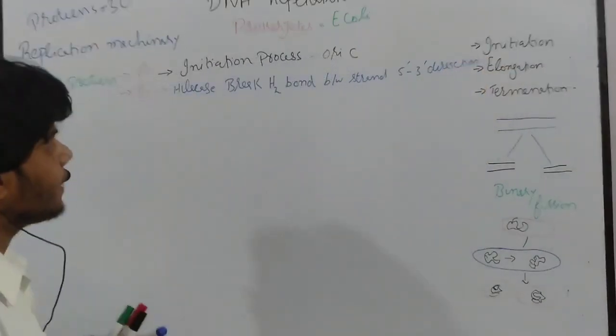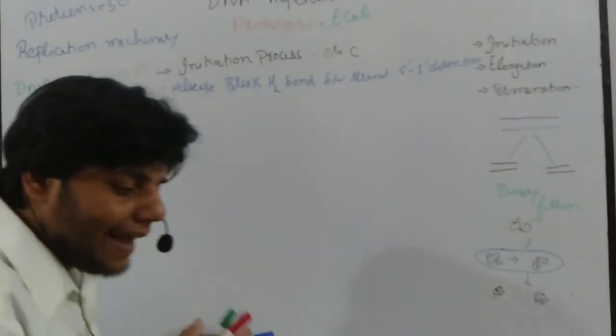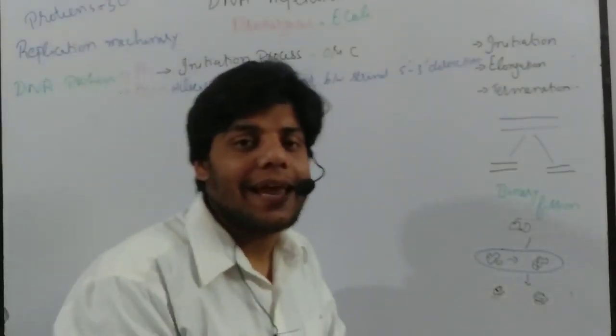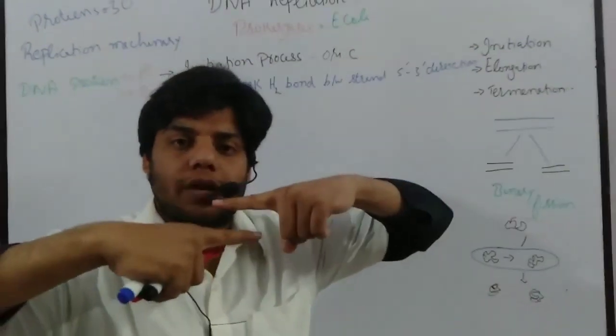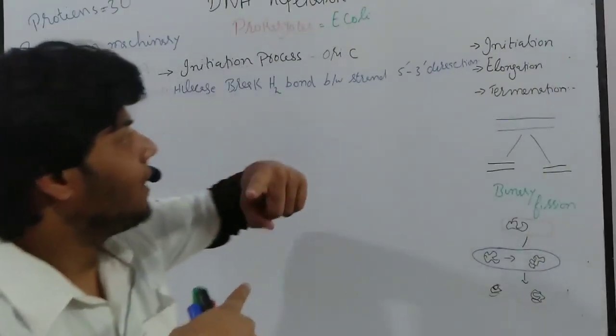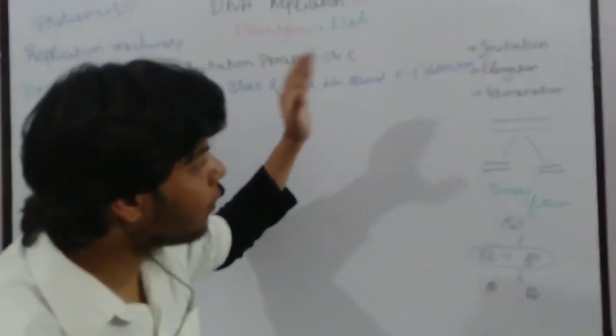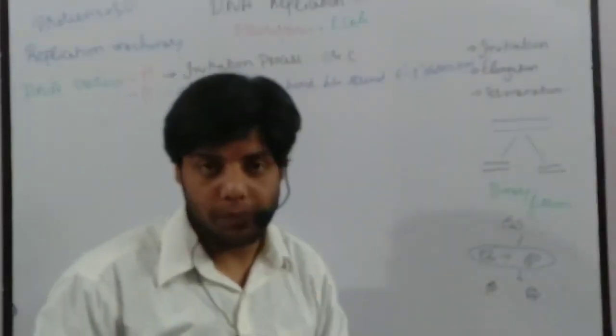Let me once again tell you, they act as a helicase and they can break the hydrogen bonds found in the two strands and separate them, in the 5' to 3' direction.